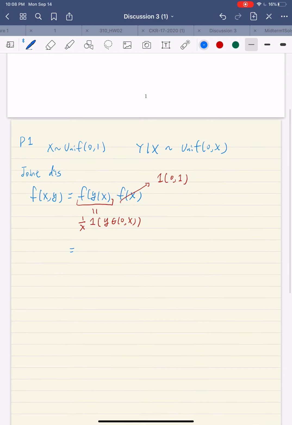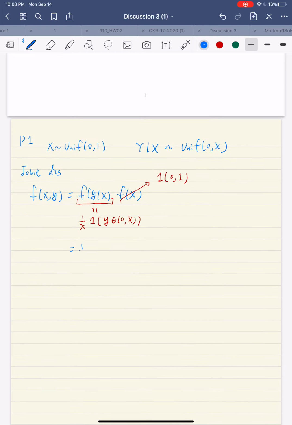So the joint distribution would be 1 over x, indicator function of y greater than 0 and smaller than x, and indicator function of x greater than 0 and smaller than 1.